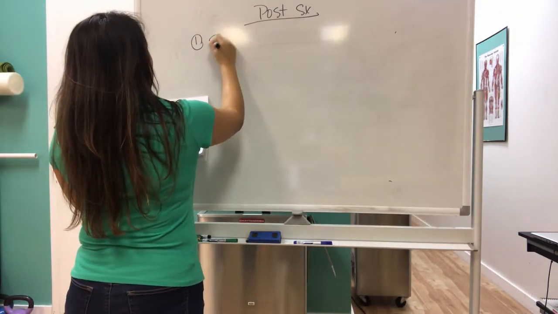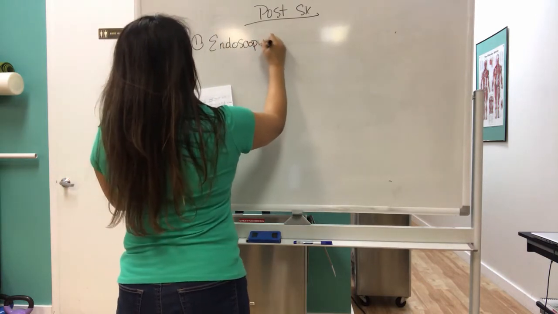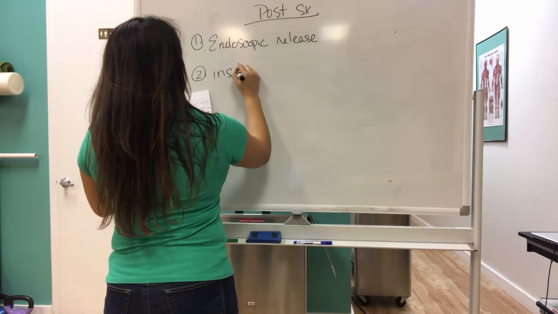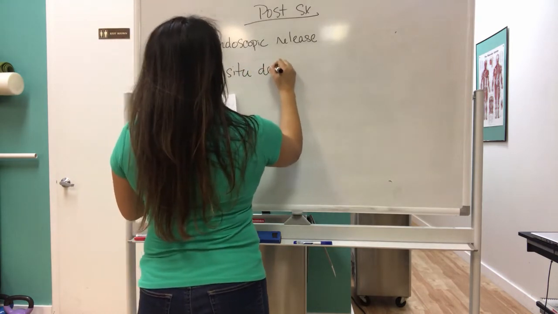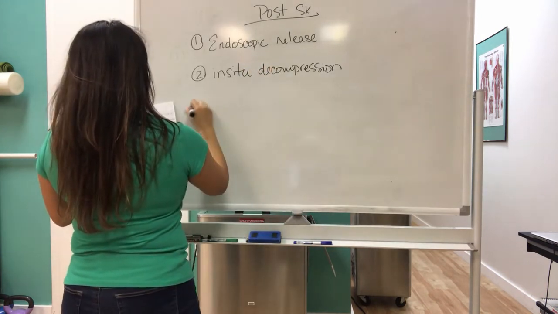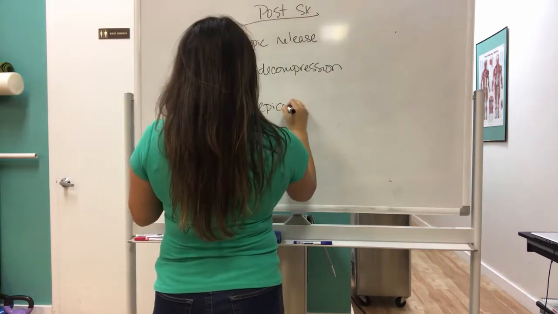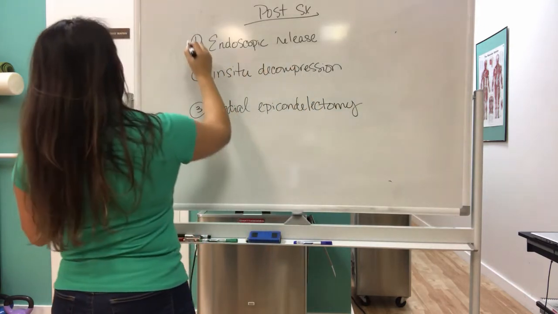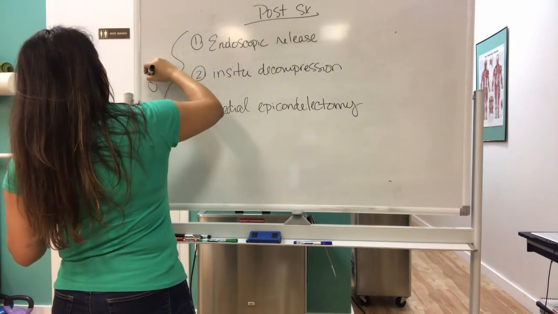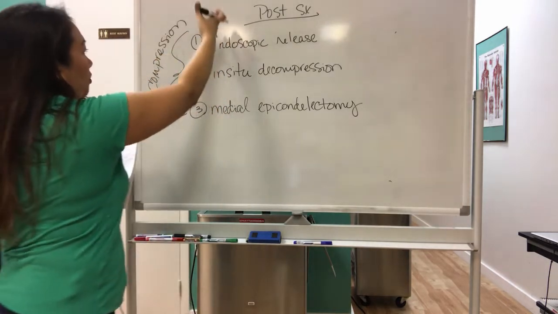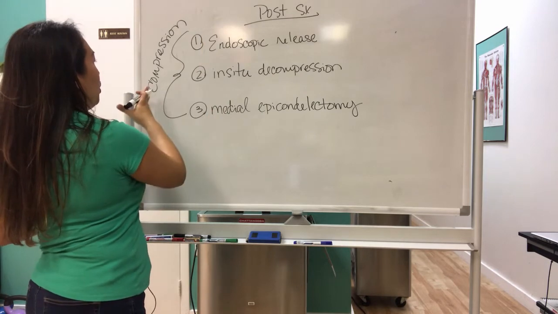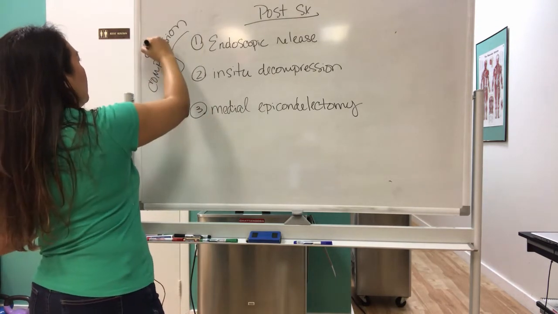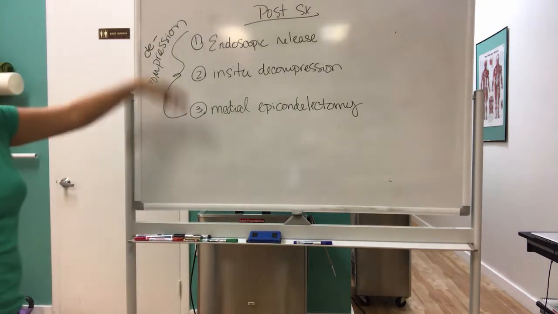They have the endoscopic release, the in-situ decompression, and the medial epicondylectomy. These three are to decompress. The doctor would pick one out of these three for anyone who has a compression type of problem at the elbow, and they will decompress it.